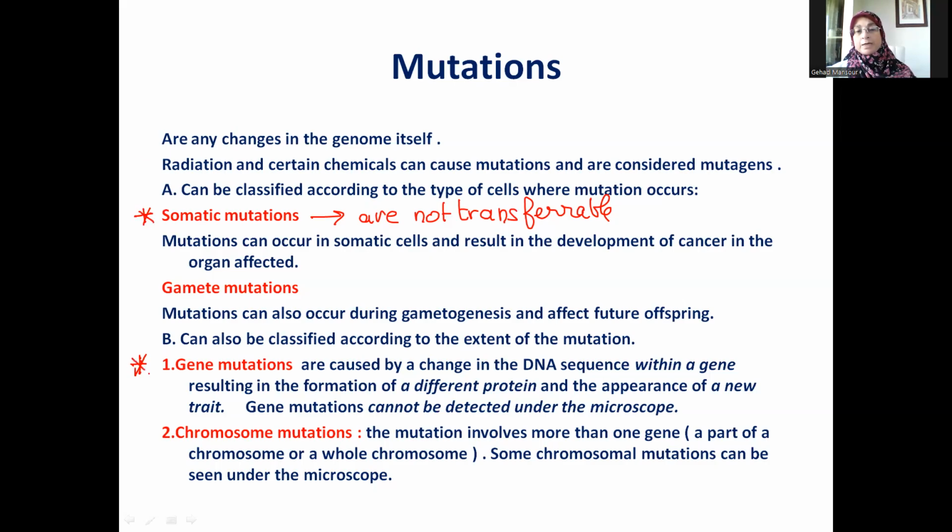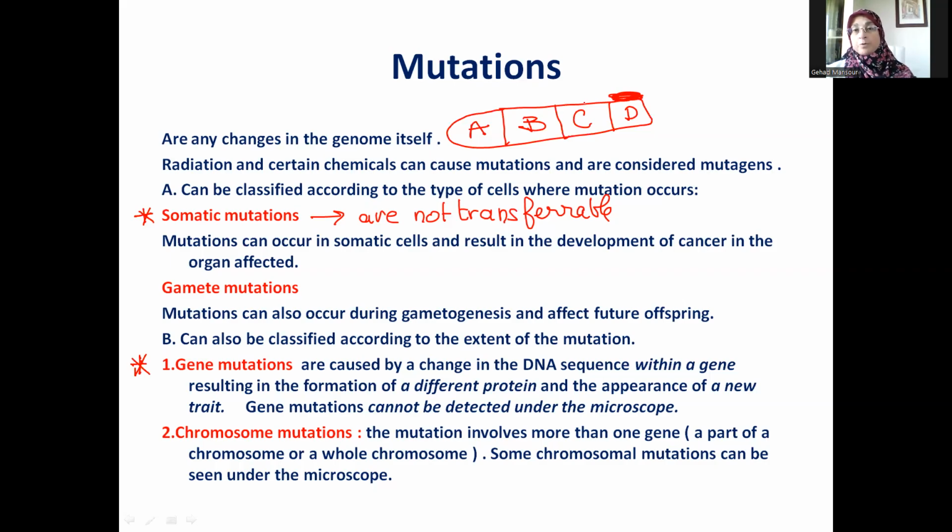The second way we can classify mutations is according to the extent of the mutation. For example, if you have a chromosome and you know that a gene is a part of the chromosome, so if that part is for allele A of the gene, that part is for another allele of another gene, B, C, and D, then if there is a chemical change in the allele of gene D only, then this will result in a gene mutation.